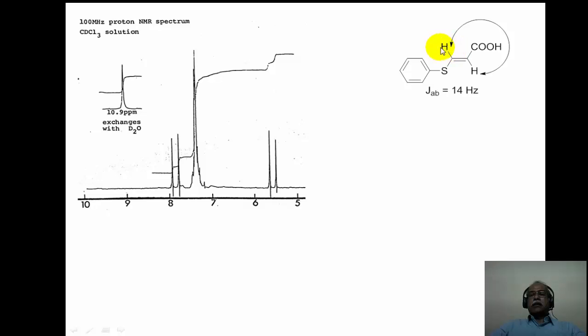So this hydrogen, which is in the beta position and also close to the sulfur, comes at the higher delta value, around 7.9 ppm or so, whereas this hydrogen, which is the alpha hydrogen, comes around 5.6 ppm or so. And this trans coupling is measured by measuring the gap here, which corresponds to 14 Hz. Typically 14 to 18 Hz is the trans isomer. Anything less than 12 Hz is taken as the cis isomer.